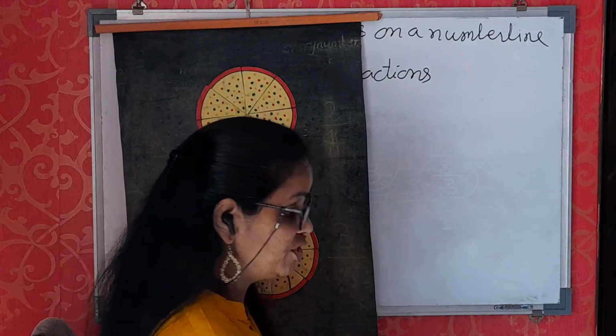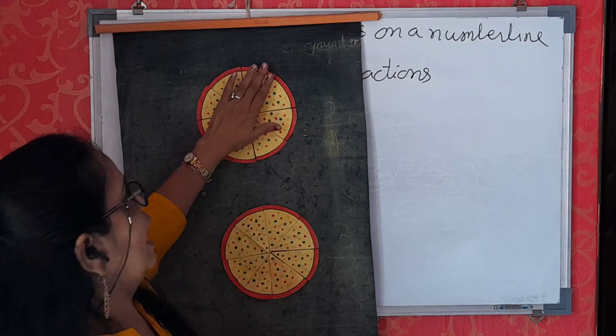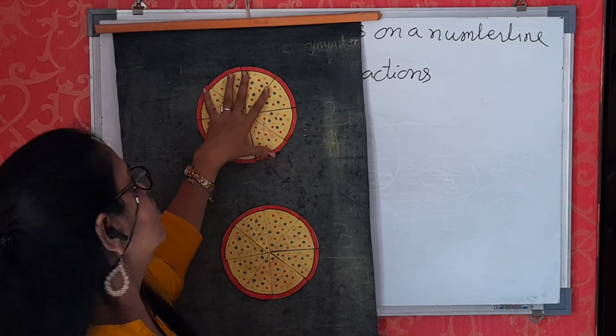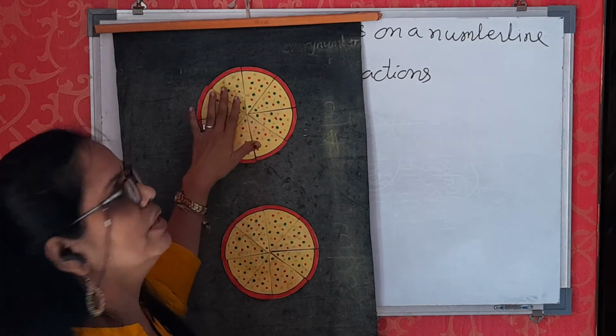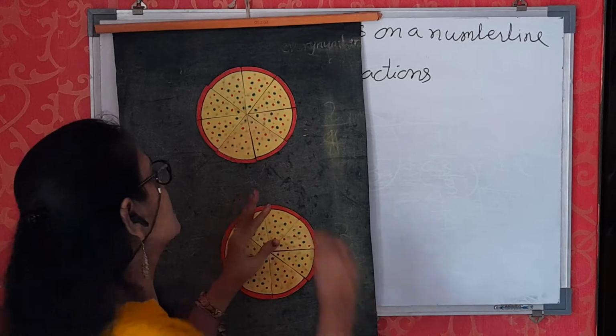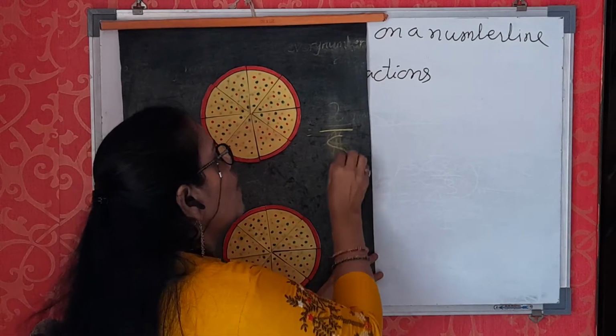Now I will teach you types of fraction. Now look here. Here I am trying to teach you with this pizza. So now here children, I made 8 equal parts of pizza. There are 2 pizzas. In both the pizzas I made 8 equal parts.